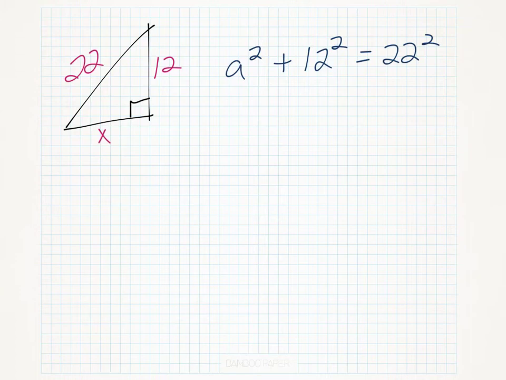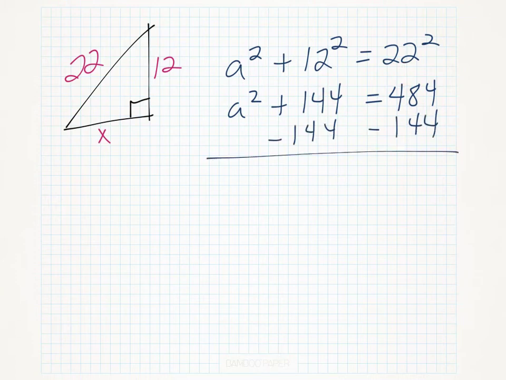So here I've gone and squared the numbers. And in order to get a by itself, I have to subtract 144 from both sides. That'll give me a value of a squared equals 340. And just like the previous problem, I have to take the square root of a squared and the square root of 340 in order to find out what the value of a is.